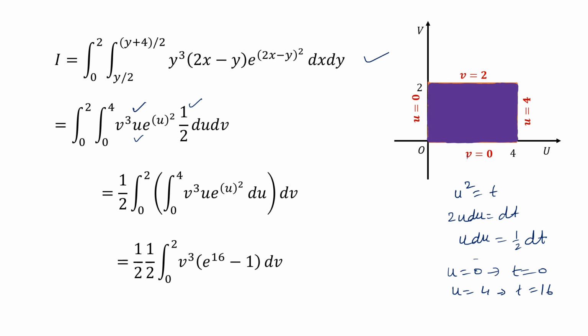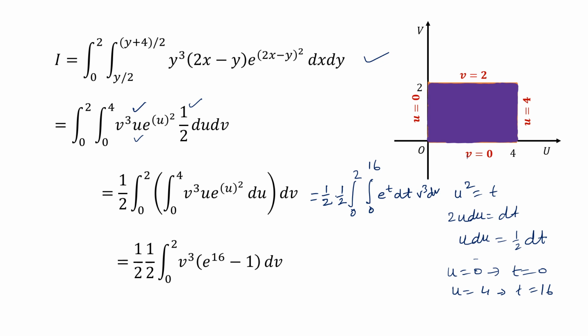So what we get here is 1 by 2 into 1 by 2, 0 to 2, this 1 by 2 for that, and it is 0 to 16 e to the power t dt that we get, and v cube will be outside, v cube dv that we perform.